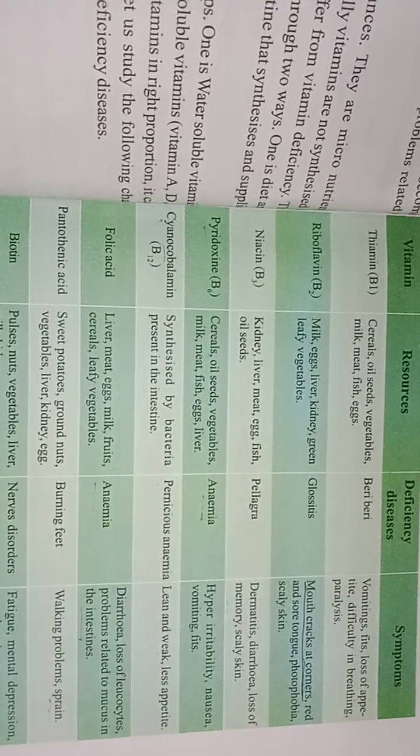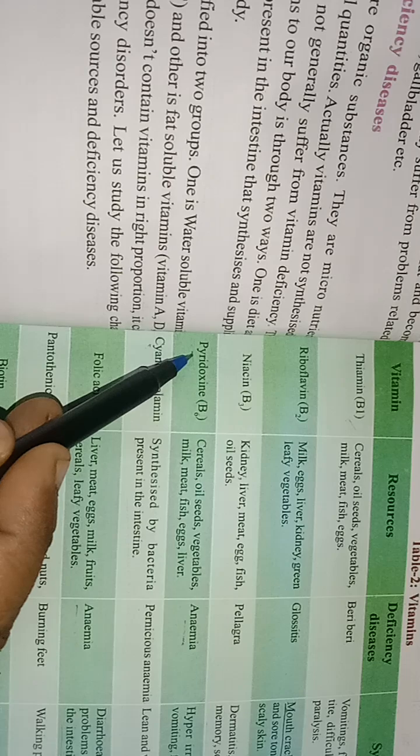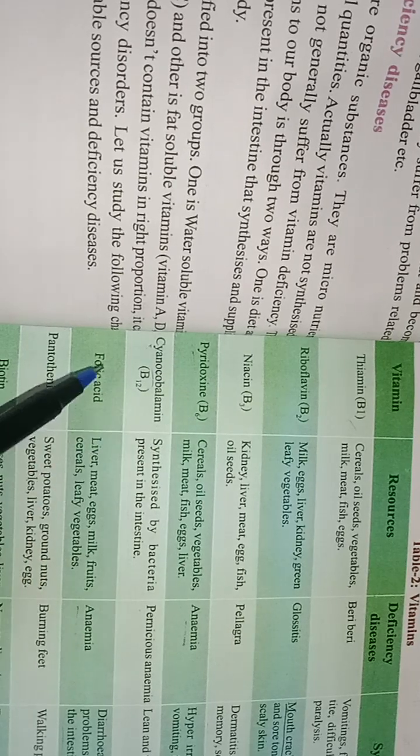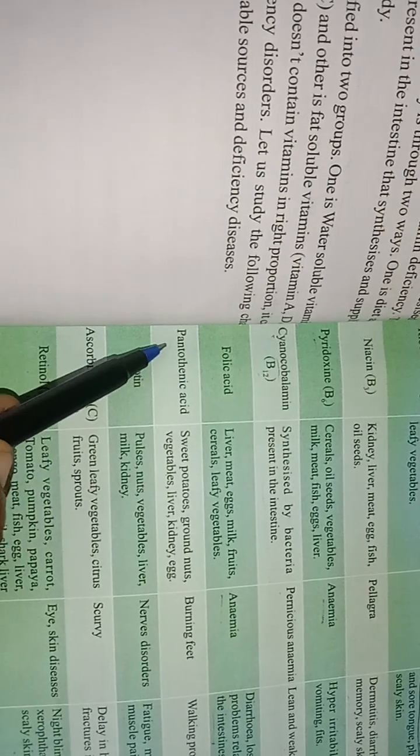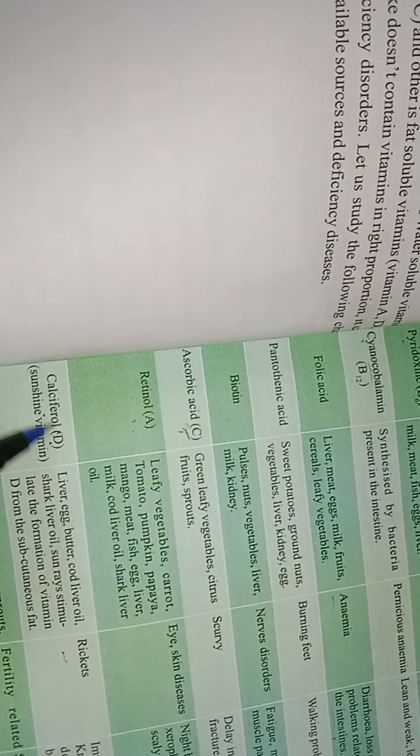From this table, we are able to see them all: thiamine B1, riboflavin B2, niacin B3, pyridoxine B6, cyanocobalamin B12, folic acid, pantothenic acid, biotin, ascorbic acid vitamin C, vitamin A retinol, vitamin D calciferol, vitamin E tocopherol, and vitamin K phylloquinone. Right? With this, your lesson is completed.